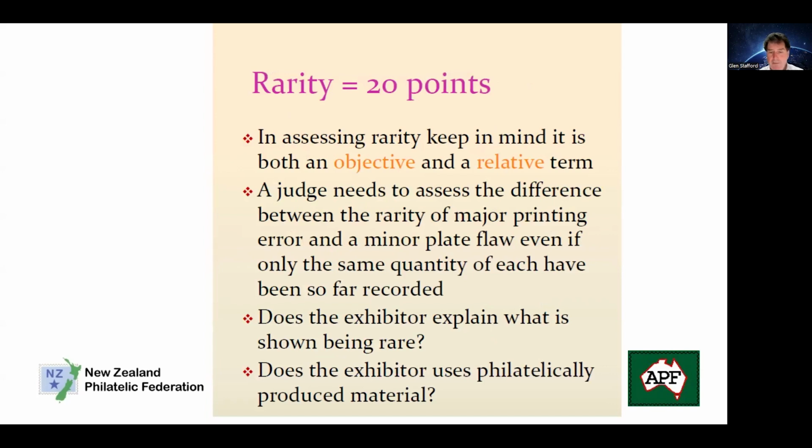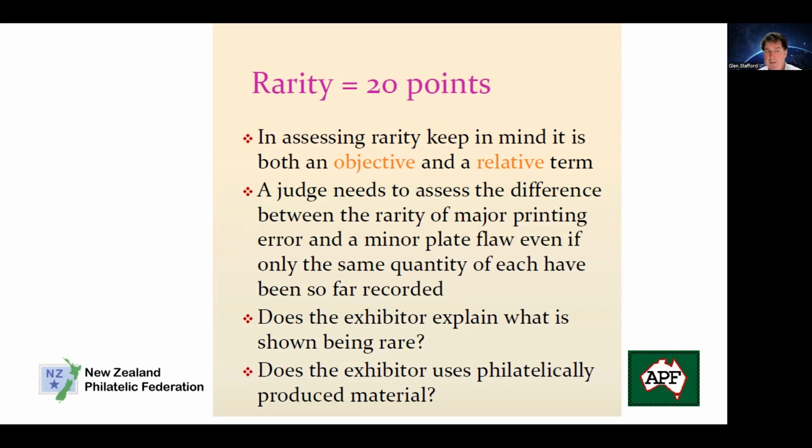Rarity, very interesting subject. So rarity is how difficult it is to acquire. Rarity doesn't always indicate cost. Because you paid $20 or $20,000 for something doesn't make it rare or not rare. So in assessing rarity, we need to keep in mind objective and relative terms.